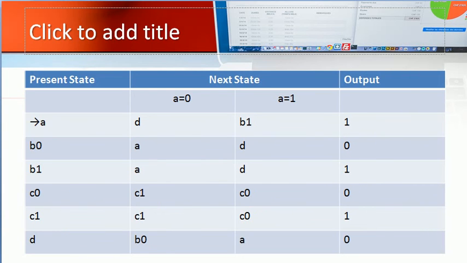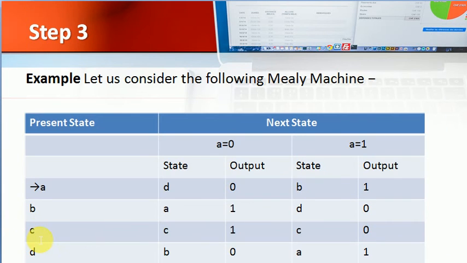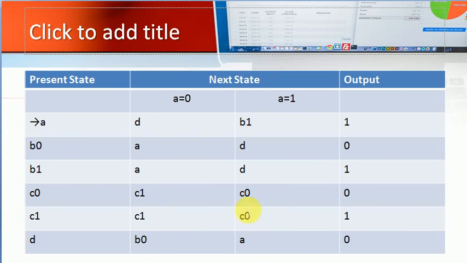Now C0 and C1. On the state C, when we give the input 0, then we move to C1 giving the output 1, and when we give the input 1 on the state C, then we move to the state C0. So we have written the same here, C1 and C0, and the output related to C0 is 0 and the output related to C1 is 1.